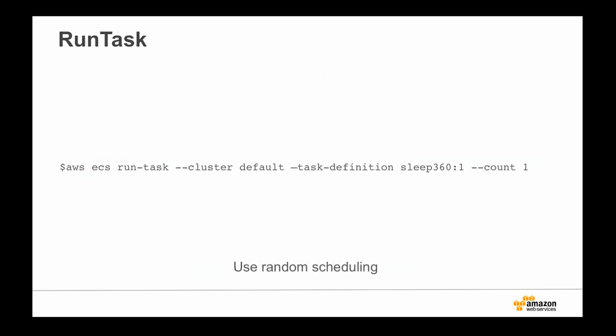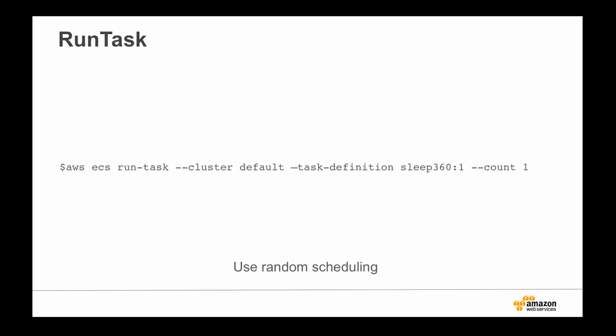The most common way of doing so is likely going to be using our run task API. The run task API randomly schedules containers across the fleet. So in this particular case, you see an example of a single sleep 360, which is just a simple sleep task, being launched onto our cluster.